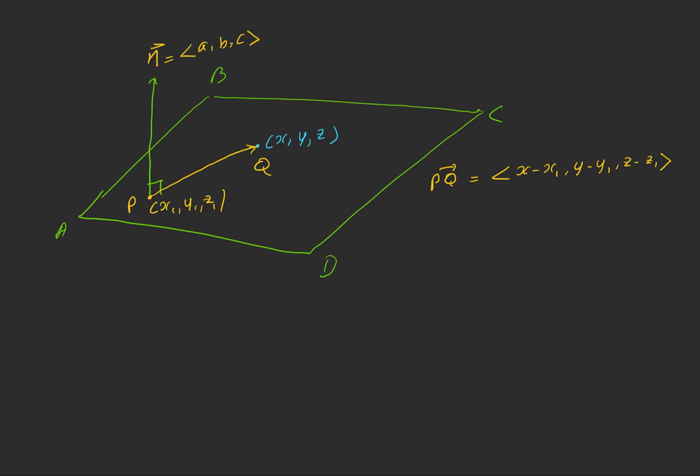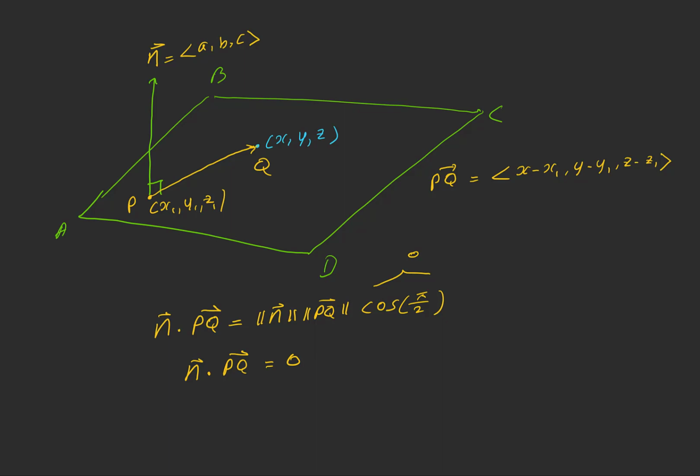Since PQ and n are perpendicular, we can write the dot product n dot PQ equals the magnitude of n times the magnitude of PQ times cosine pi over 2, cosine 90, right? So this is 0. Therefore, we have n dot PQ equals 0.